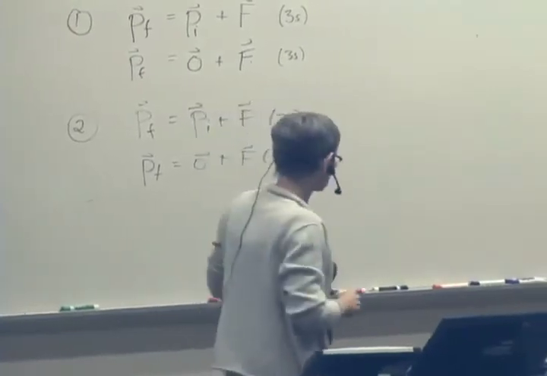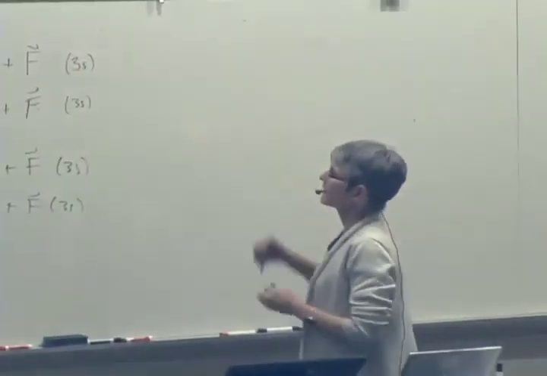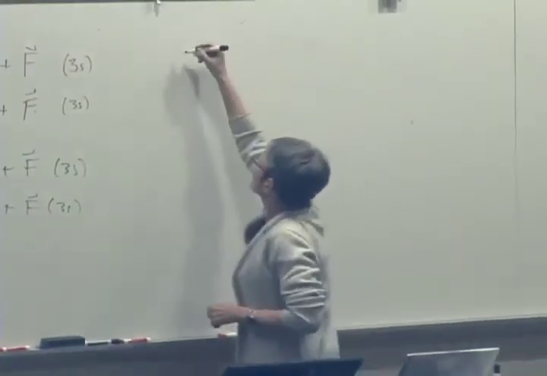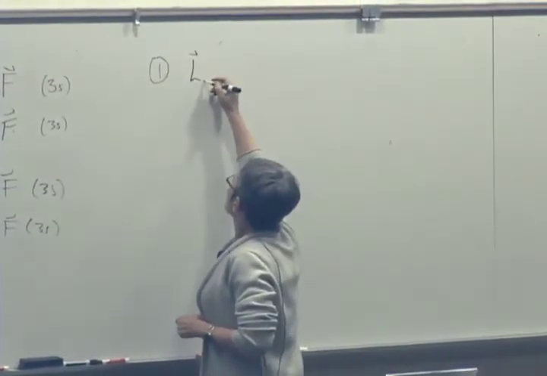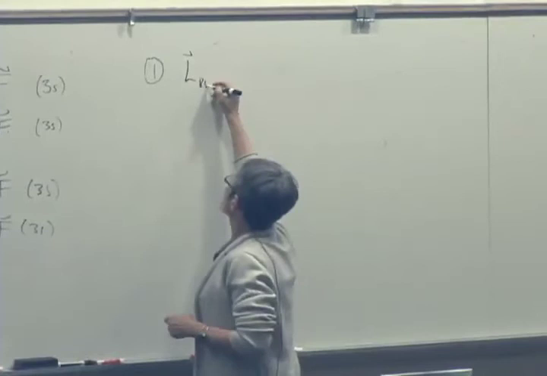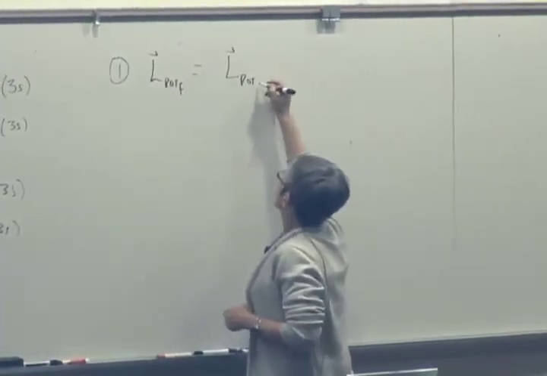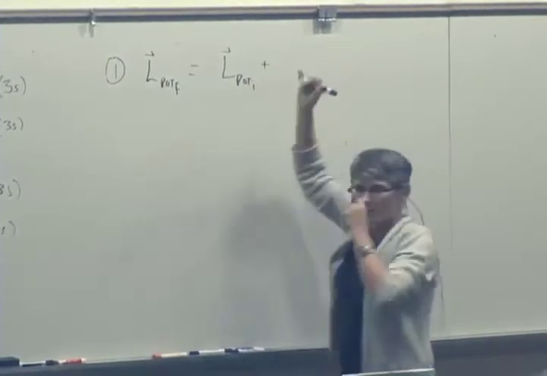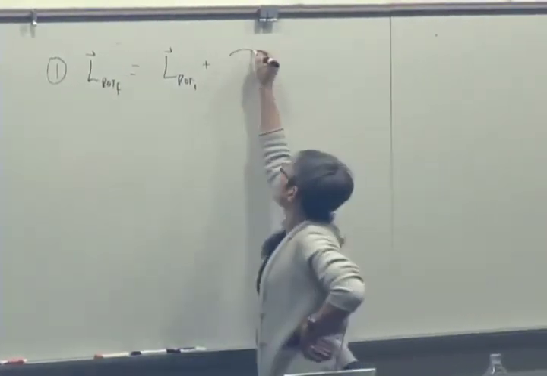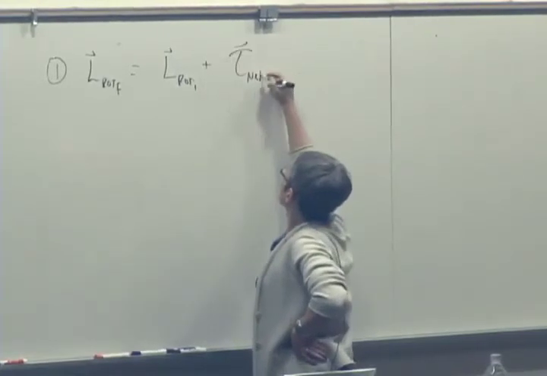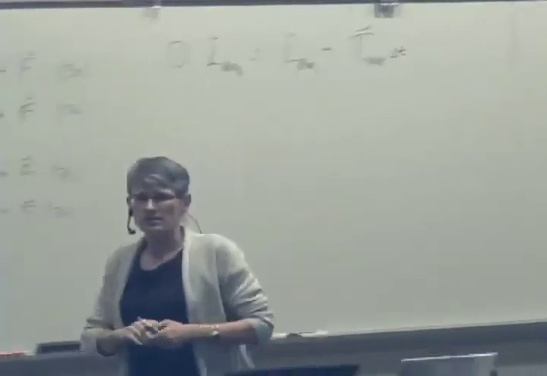Angular momentum. And so for puck 1 here, we're really interested in rotational angular momentum. Final is rotational angular momentum initial plus the net torque, and the net torque is not zero, is it?